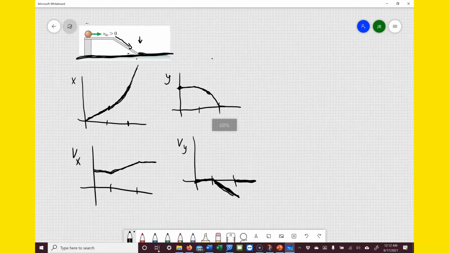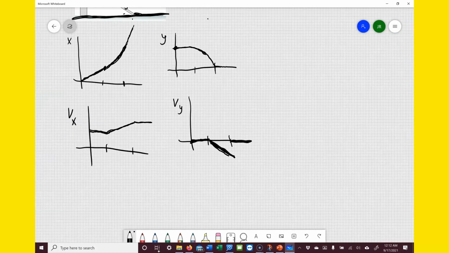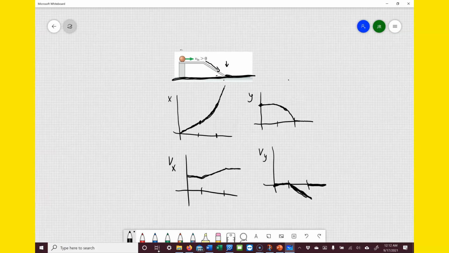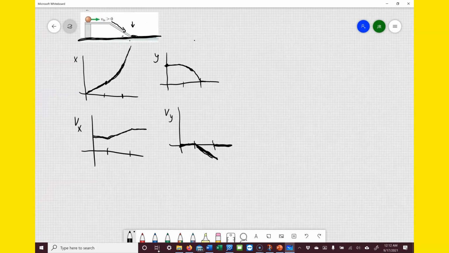All right, what about acceleration? Horizontal acceleration. Acceleration is the slope of velocity. So at first, the horizontal acceleration is 0 until it gets to that first point right there. Then it is accelerating horizontally, so it has a positive acceleration.